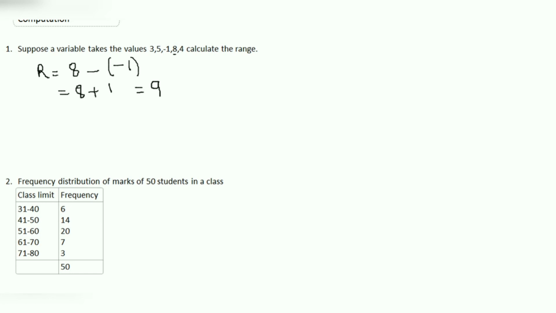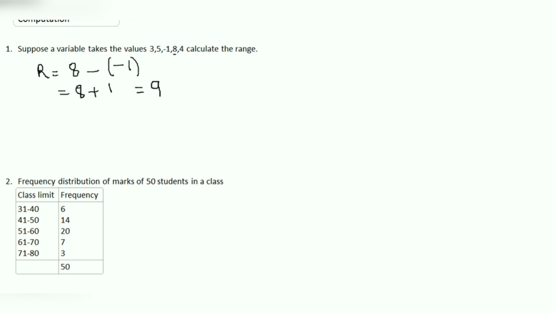Again, here is a frequency distribution of marks of 50 students in a class. The class limits are given as 31 to 40, 41 to 50, 51 to 60 and so on, and the last class limit is 80.